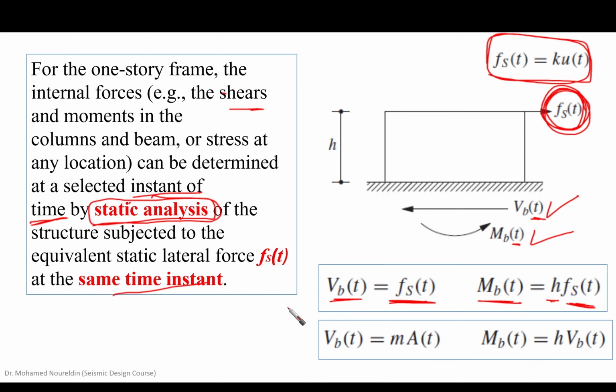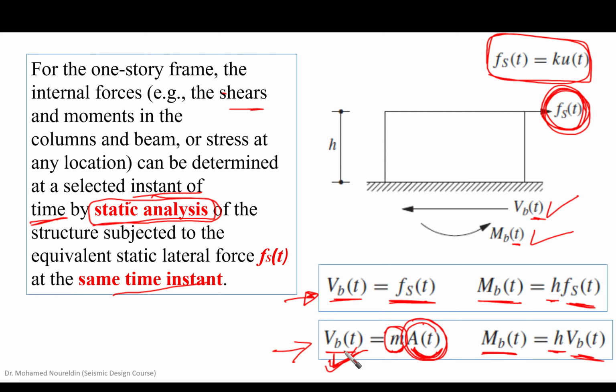If we use the acceleration instead of the deformation, then V base equals the mass times A of t, which is obtained in the previous slide, and M base equals H times V base.